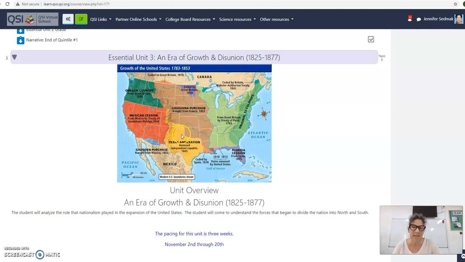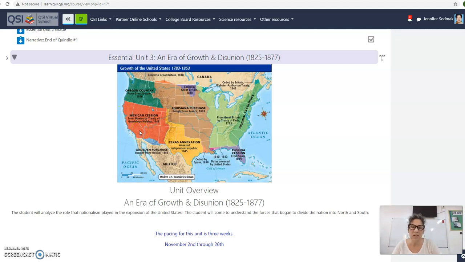It was that annexation of Texas that led to the Mexican-American War, and with the defeat of Mexico between 1846 and 1848, and under the Treaty of Guadalupe Hidalgo, the United States gained all of this territory that includes California, Nevada, Utah, Arizona, New Mexico, a large amount of land over here.